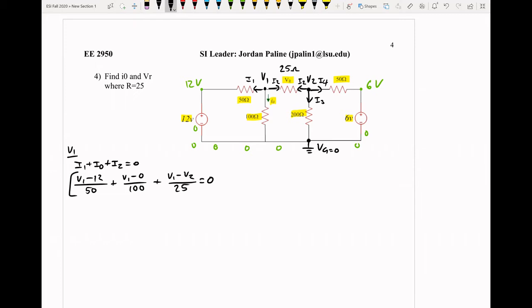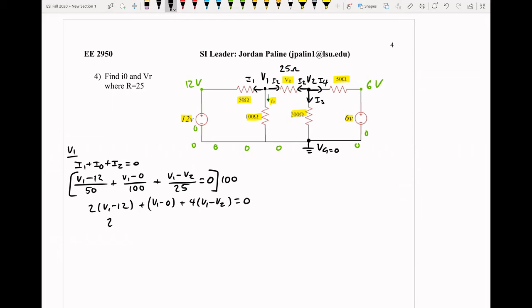Then all we'll do is multiply by a common denominator. So this will be 2 V of 1 minus 12 plus V of 1 minus 0 plus 4 V of 1 minus V of 2 is equal to 0.